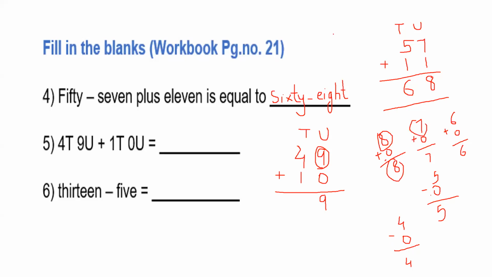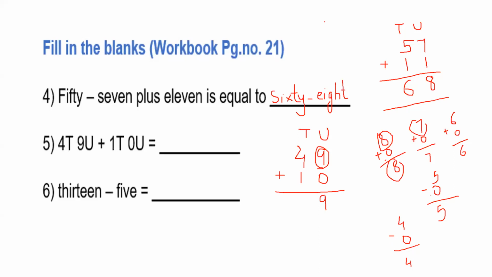Clear the concept of 0? Any doubt? Now tell me 3 minus 0 is? Write it in the chat box. Tell me 3 minus 0. Yes, 3. 4 minus 0. 4. 6 minus 0.